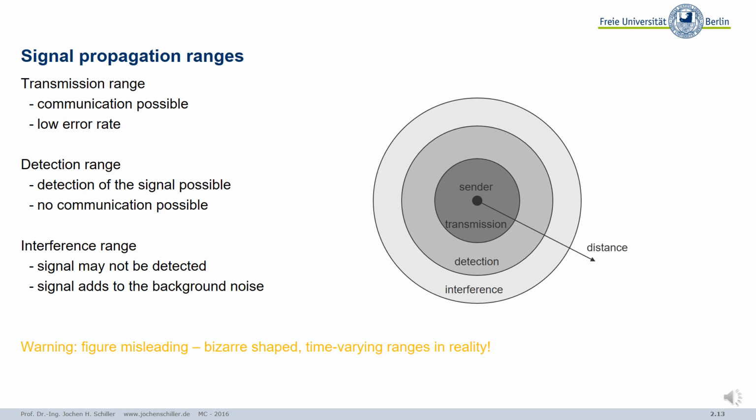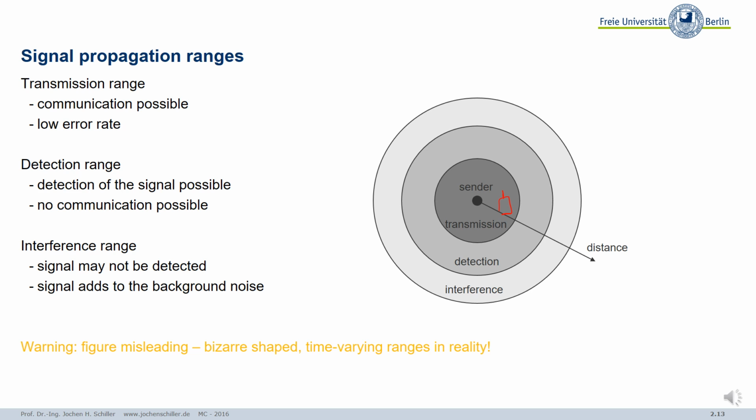And we distinguish between a so-called transmission range. Transmission range, that's this dark gray circle around the center. That means you have enough energy to communicate. That means the error rate is low enough, the bit error rate. So if you have your mobile phone somewhere here, it's very easy to communicate.